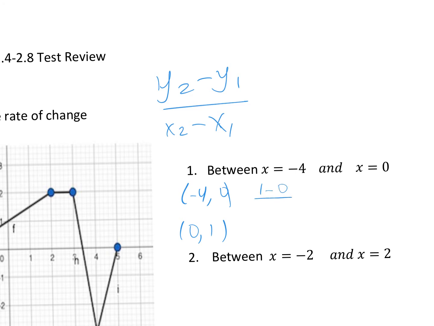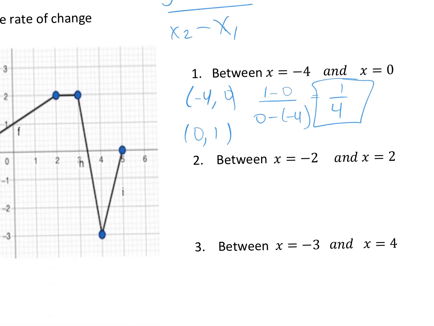If I start with 1 in the numerator, what do I need to start with in the denominator? 0. So 0 minus -4. So 1 minus 0 in the numerator is 1. 0 minus a -4 is +4. So your average rate of change is 1 over 4.